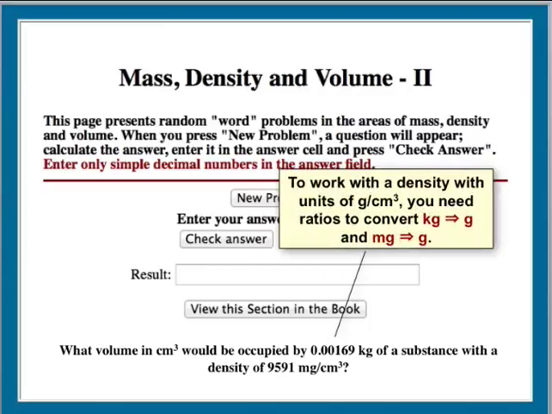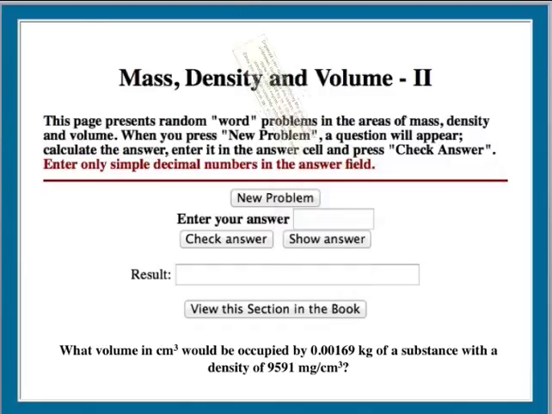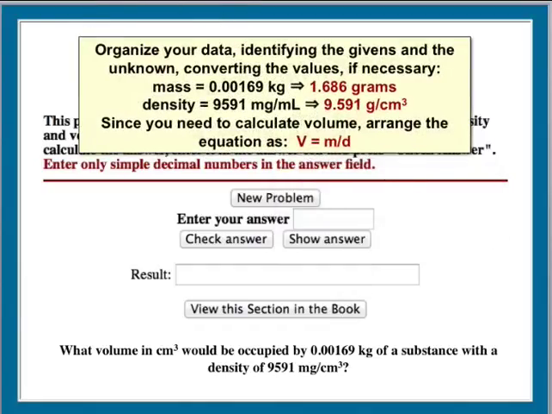To solve this, we're going to have to convert kilograms to grams, or milligrams to grams, so that we're working in the same unit. We have a mass in kilograms. That's the same as, remember that's 1,000, so that's 1.68 grams.